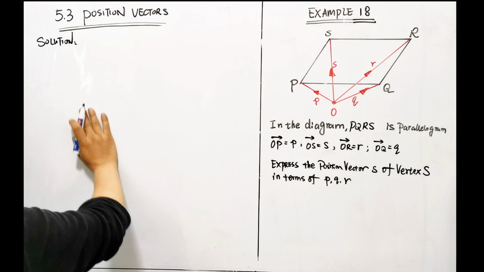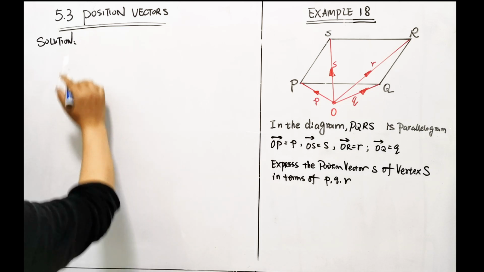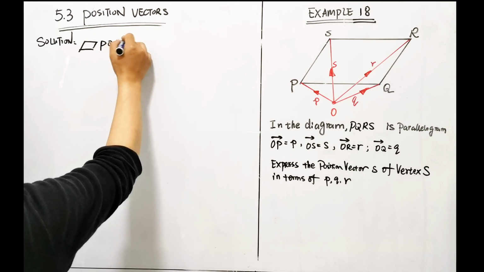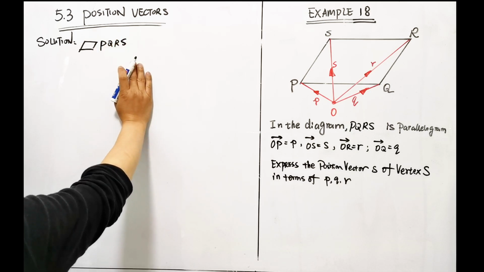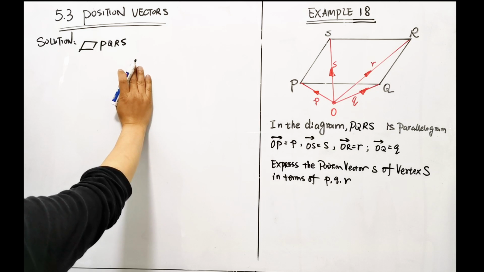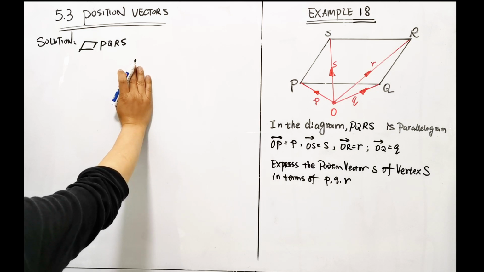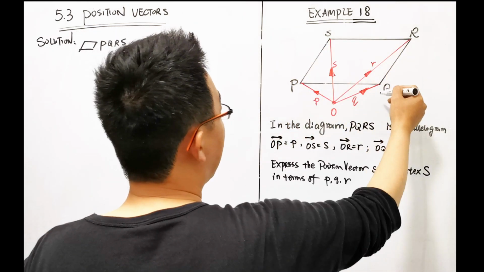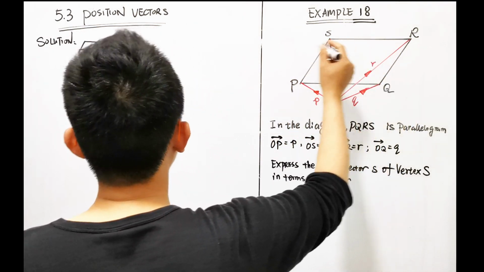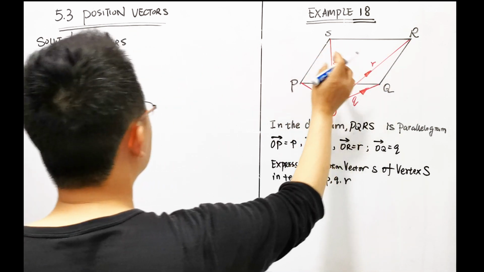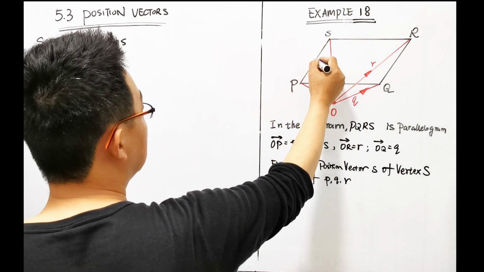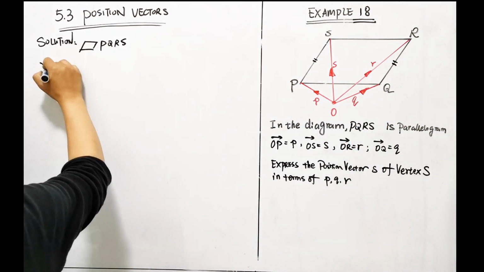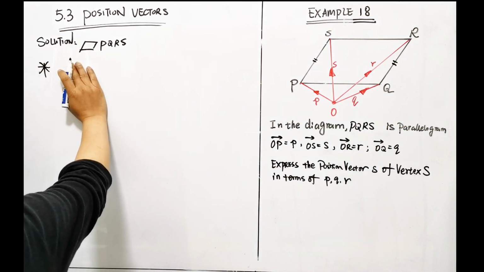Since this is the parallelogram PQRS, the two pairs of opposite sides of the parallelogram form two pairs of equal vectors. Which means this and this are equal. This is the concept we already know from previously.